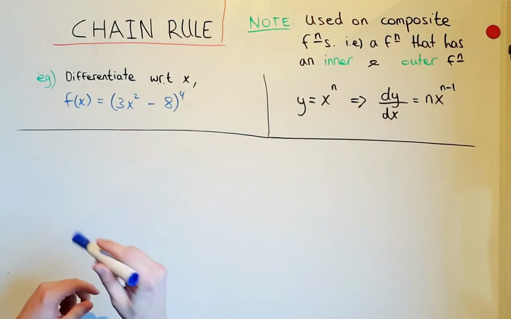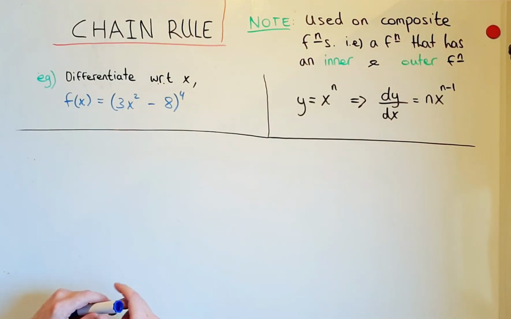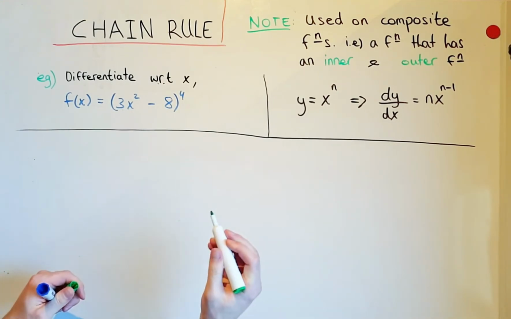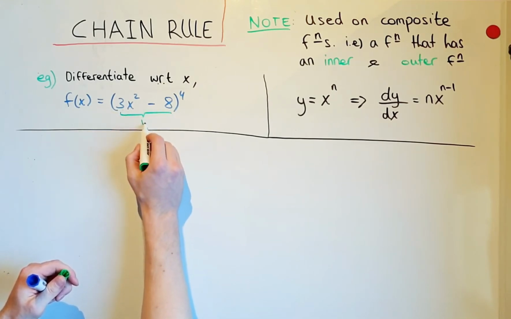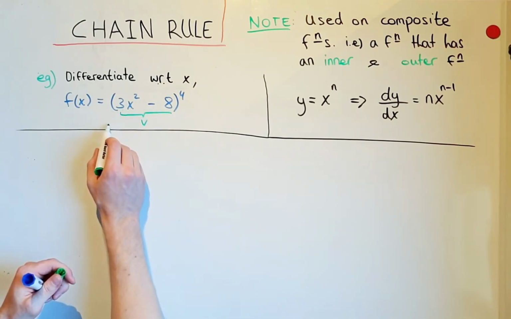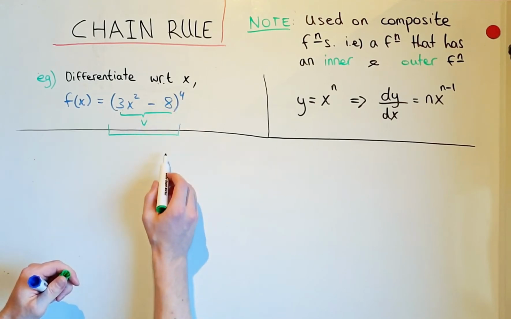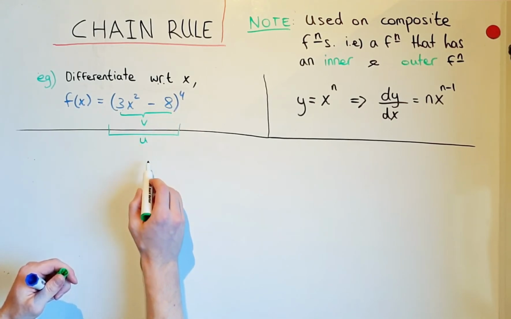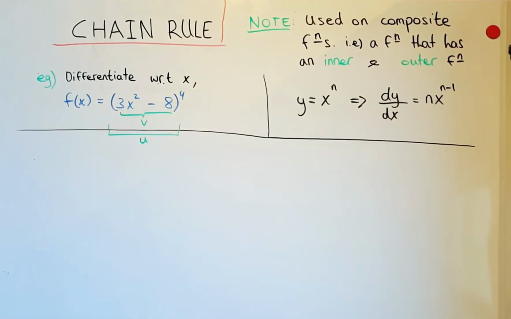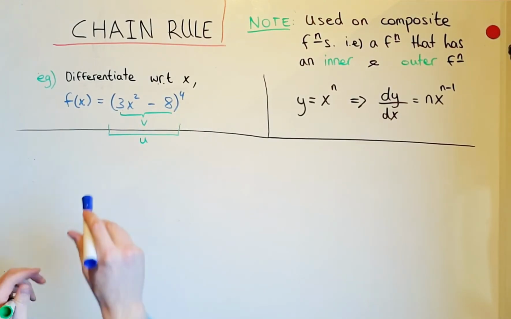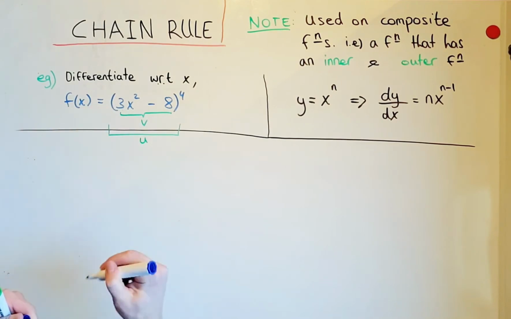Okay, so diving straight into this one. As I mentioned before, this is a composite function. So we have an inner and an outer function. So the inner function we're going to label here to be v, and then we're going to label the outer function, which is just the power raised to the 4, as u. So we're just going to label the inner function v and the outer function u. So knowing this, you can now rewrite this f of x function.